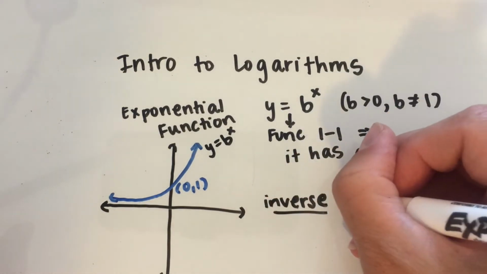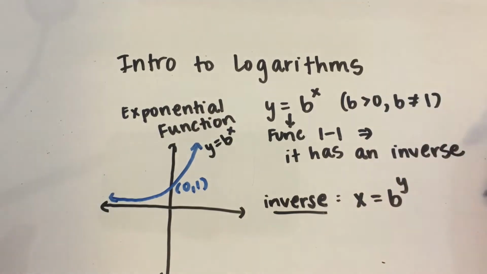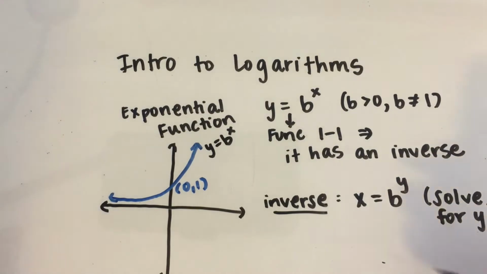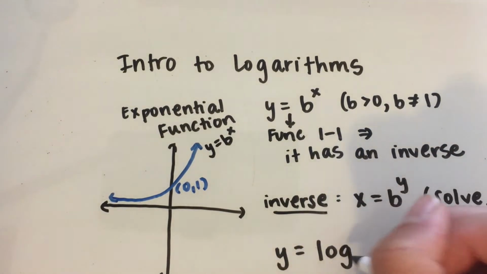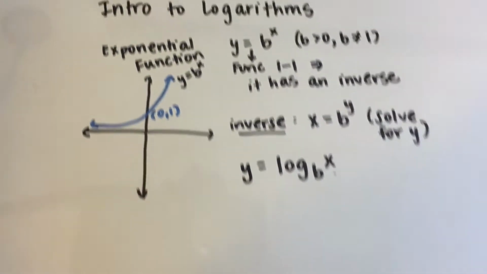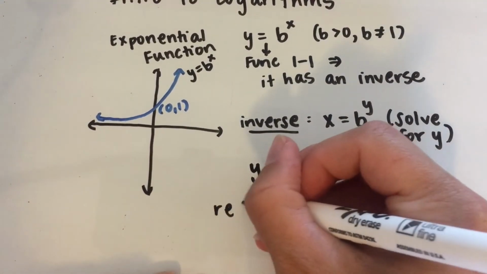So when you're solving for the inverse, you're going to change the x and y values. So I have x equals b to the y, and we would want to solve for y. And that new y you get would be your inverse function. So here the inverse will be y equals log base b of x. So our b is considered our base.